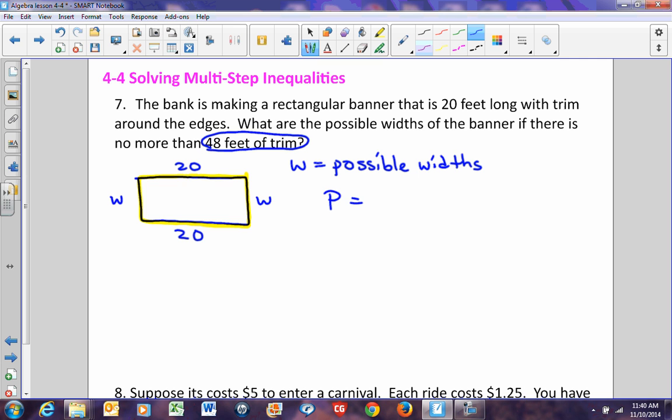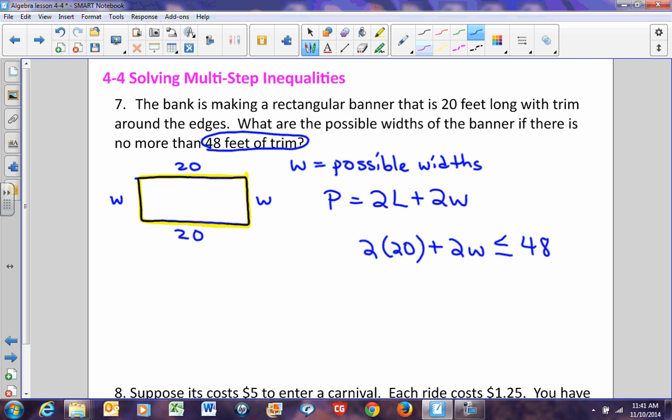Remember, perimeter equals 2 lengths plus 2 widths. If my perimeter is 48 feet and there's no more than that, okay, so my 2 lengths, which is 2 times 20, plus my 2 widths, 2 times W, has got to be less than or equal to 48 feet, because I only have 48 feet of trim that I can use. I have to use 48 feet or less of trim.